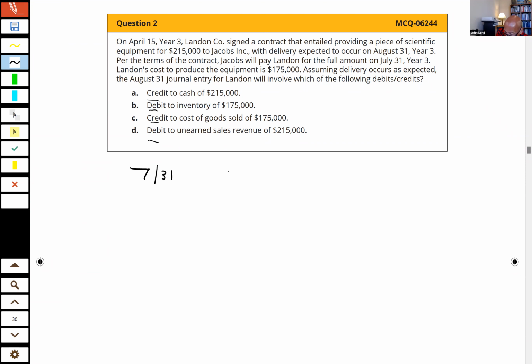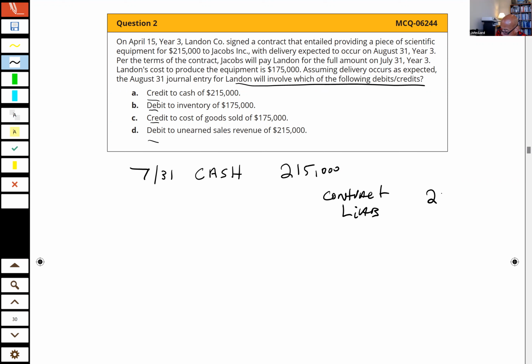Landon will get some cash, won't they? On July 31st, per the terms of the contract. So they're going to debit cash, $215,000. Credit what? Contract liability. Yes. I know that's going to happen on July 31st.